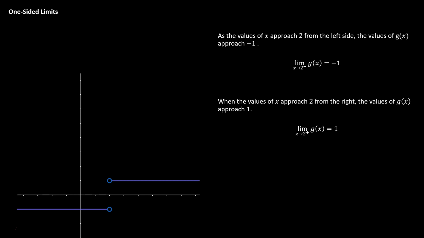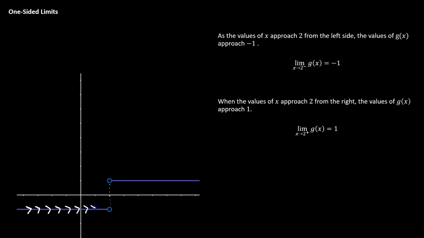On the screen, I have that bluish purple function from the beginning of the section, and again, it is undefined at x equals 2. But we want to know, can we determine the limit of that function as we're approaching 2? So we'll start with the left-sided limit. I'm going to walk along the function to the left of 2, towards the value x equals 2.